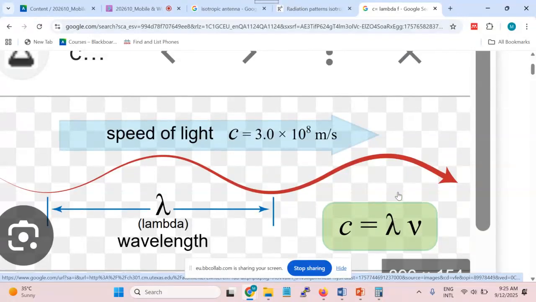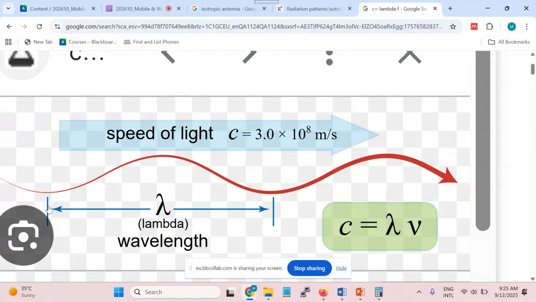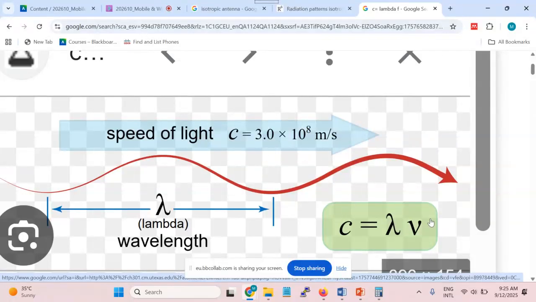And the opposite, as lambda increases, the frequency decreases. Lambda is defined as the physical distance between two peaks. The speed of electromagnetic waves being propagated is constant.